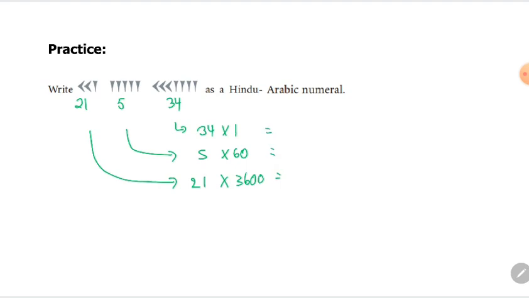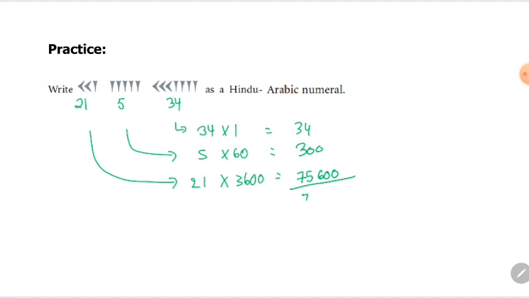So doing that in the calculator will mean that we have 34 times 1 is 34. 5 times 60 is 300, and 21 times 3,600 is 75,600.